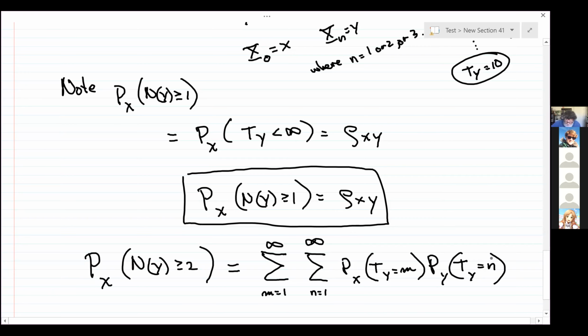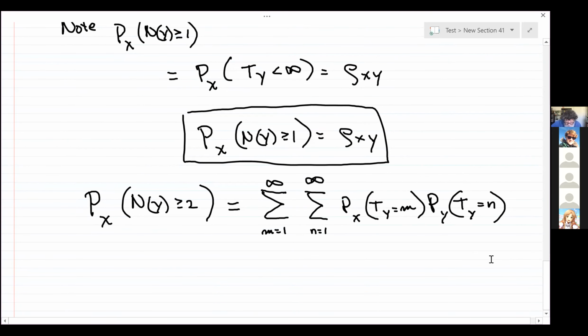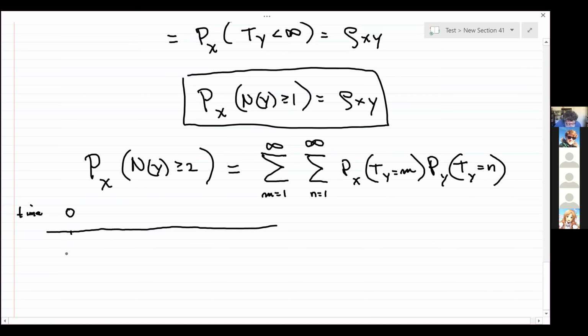Okay, well, let's think about what's going on here. Here's the timeline. At time 0, here's time. And underneath it, I'll put the state you're at. So at time 0, you're at state x. This thing is saying the number of times you visit y is at least twice. So there has to be a first time you visit y.